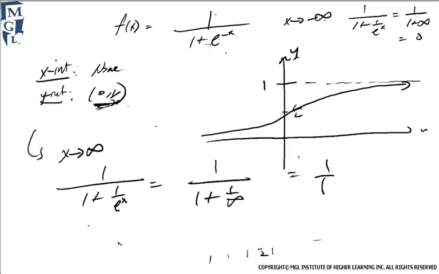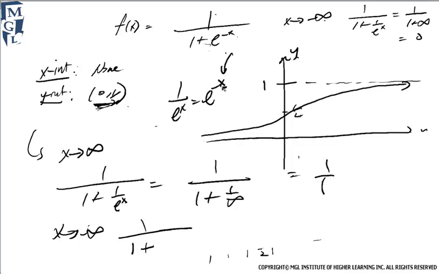As x approaches negative infinity, if x is approaching a really negative number, e to the power of negative x is the same thing as e to the power of positive infinity. So this is 1 over 1 plus infinity, which is 0.